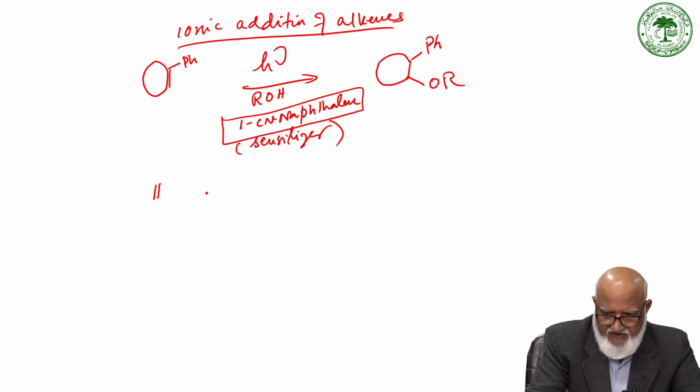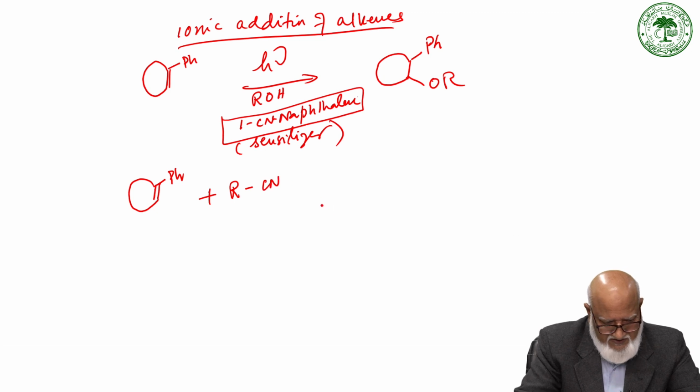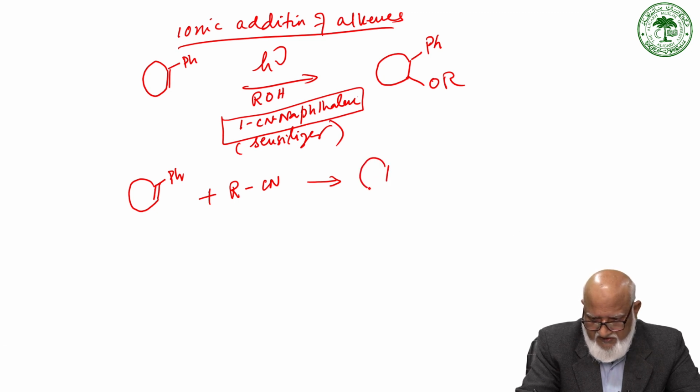So direct photolysis, as I have mentioned, the yield is not very good. If we have 1-cyanonaphthalene as a sensitizer, then we have an electron transfer reaction. So it gives a radical cation.